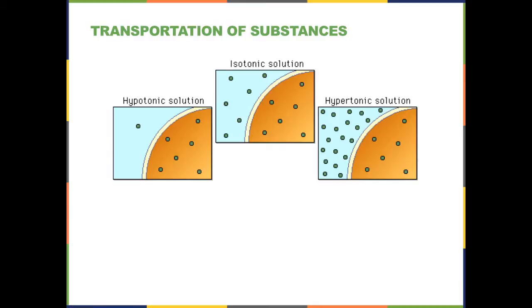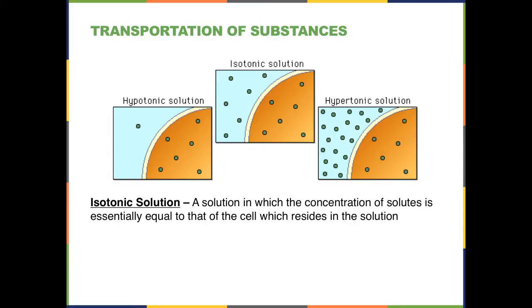This then sets up a situation where you have three possible concentration gradients, if you will, between the inside of the cell and the outside of the cell. And you can talk about this in terms of the solution outside the cell. Now, if the solution inside the cell and outside the cell has the same concentration of molecules, it's called isotonic. And this is shown in the middle of the slide. The concentrations are essentially equal.